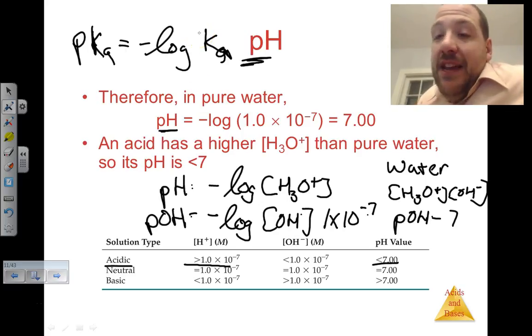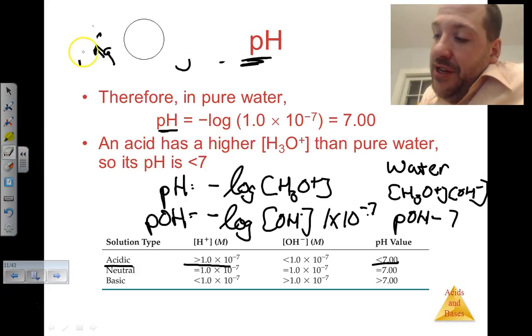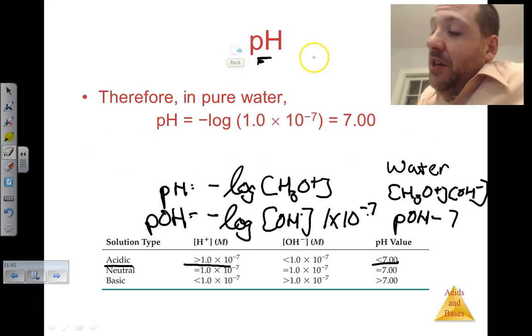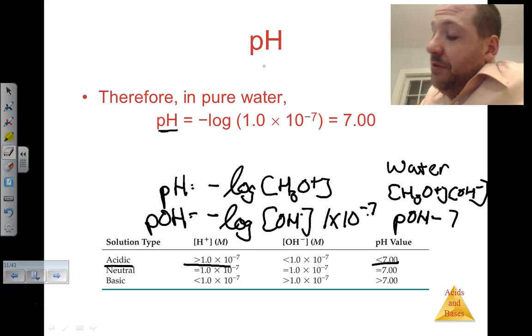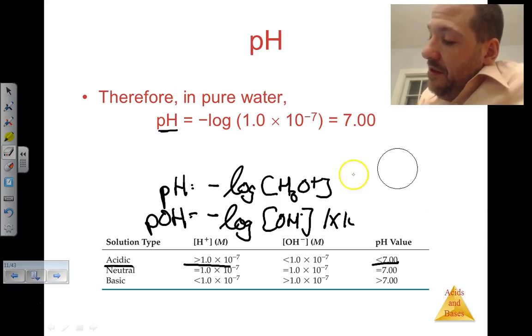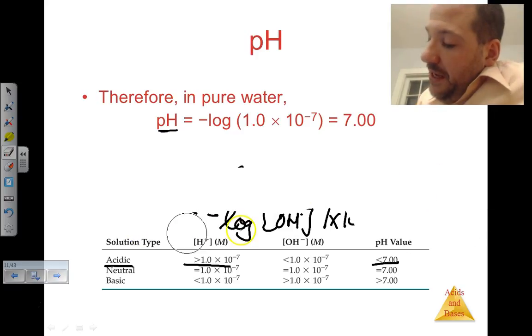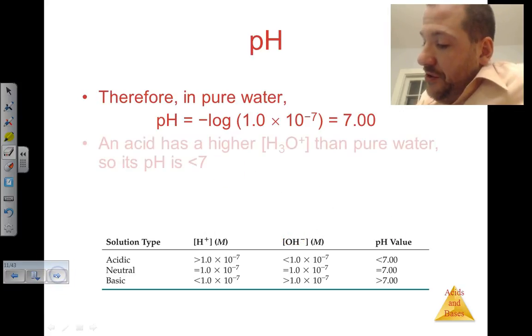We may talk about pKb, which is the negative log of the Kb, the base equilibrium constant. It's kind of neat how all of this interrelates. So now we have pH and pOH.